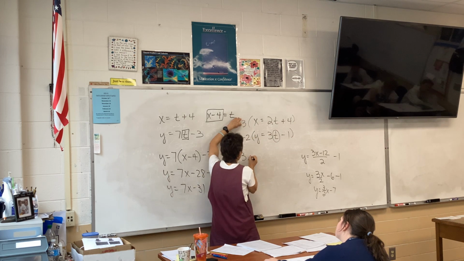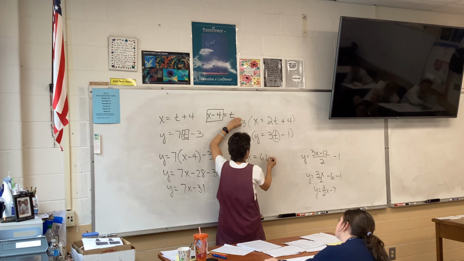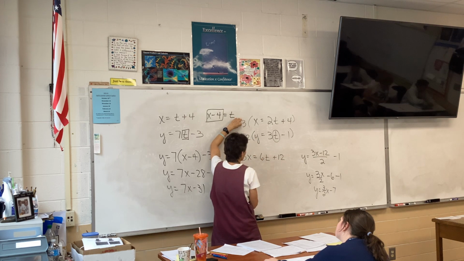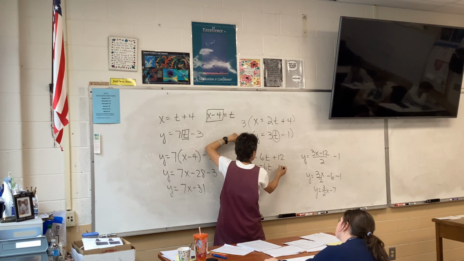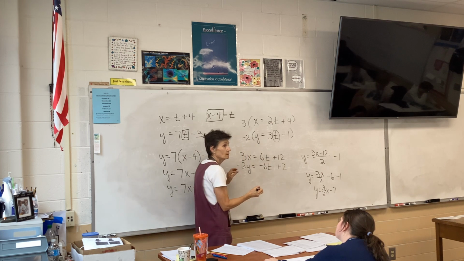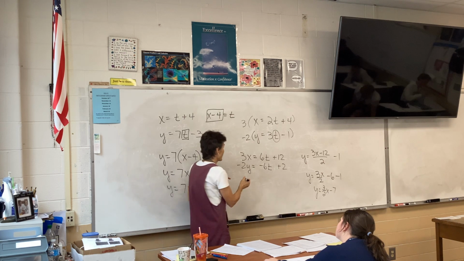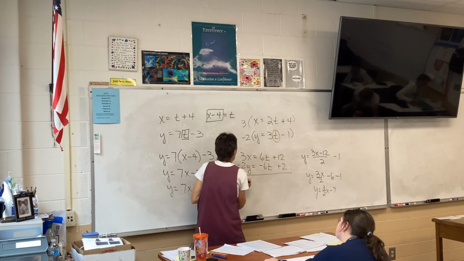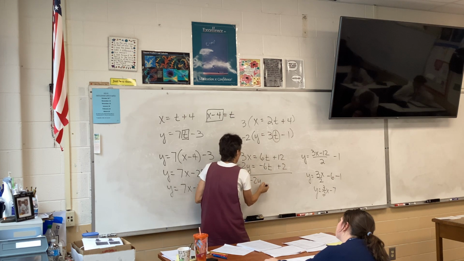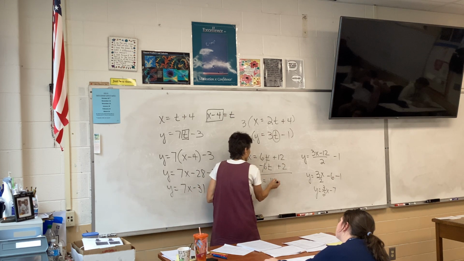So 3x equals 6t plus 12, and -2y equals -6t plus 2. So 3x minus 2y equals 14.